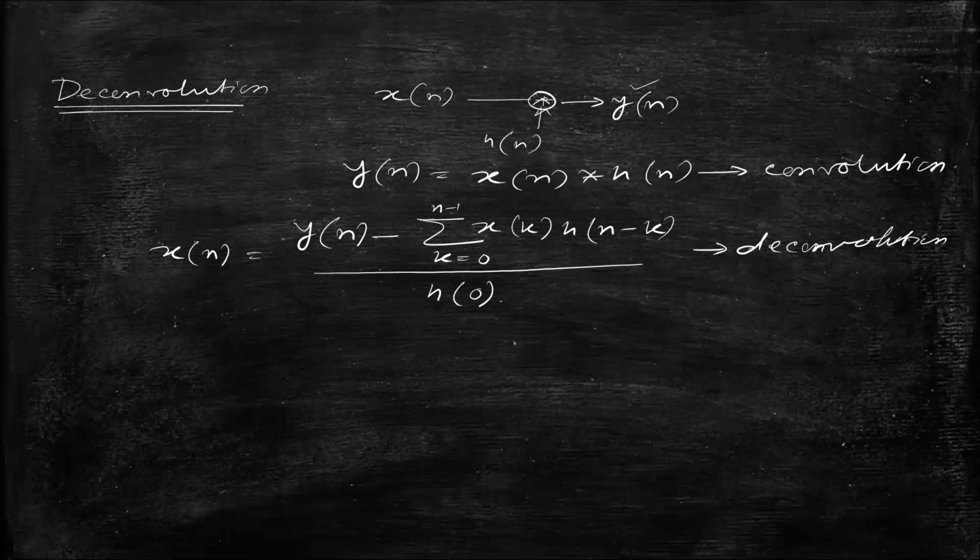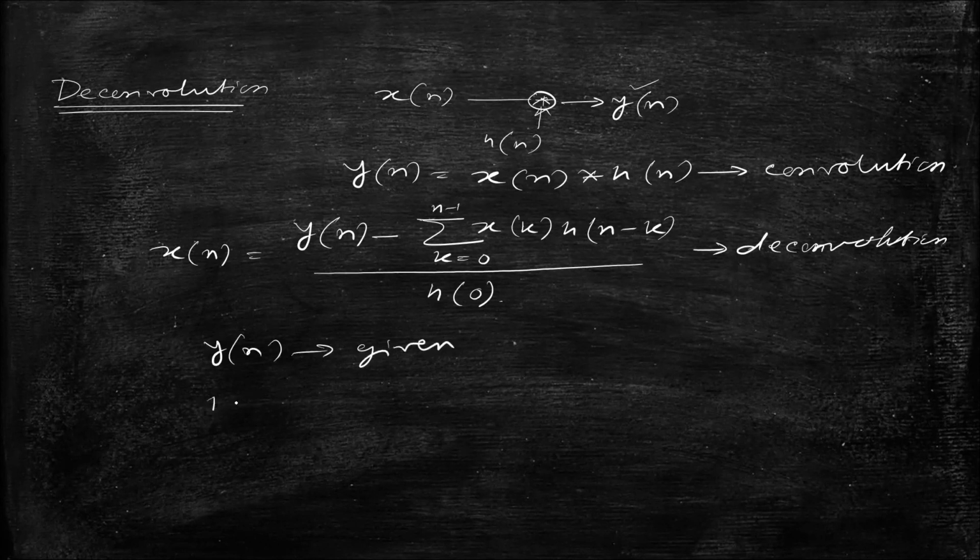Through this formula we will find the deconvolution of any given output signal when the impulse response is also given. So in the question y of n and the impulse response h of n will be given, and you have to find x of n from the deconvolution formula. Okay, so we will do some examples.